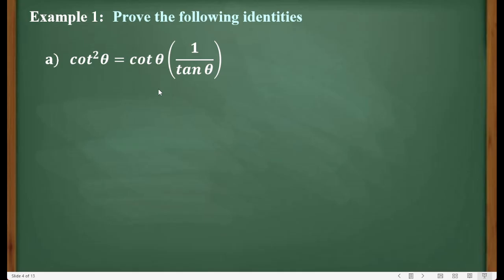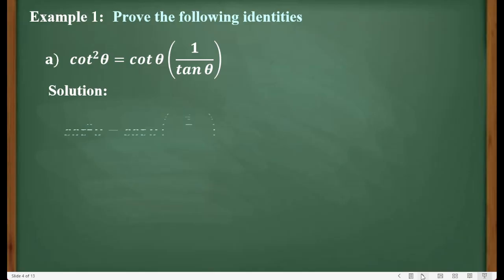Whatever side we choose, we simplify it and make that side identical to the other side. In this particular case, let us choose the right side, which is cotangent theta times the quantity 1 over tangent theta. We simplify this, and its simplest form should equal the left side, which is cotangent squared theta.